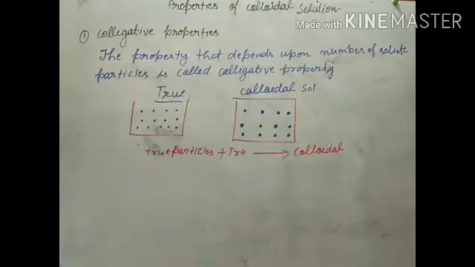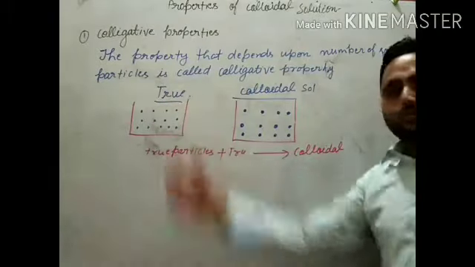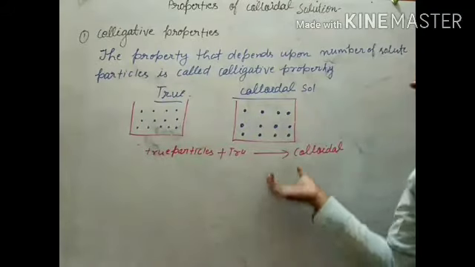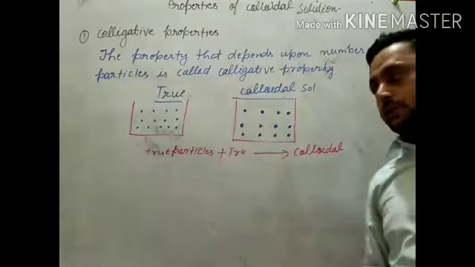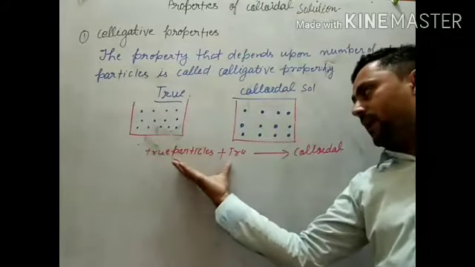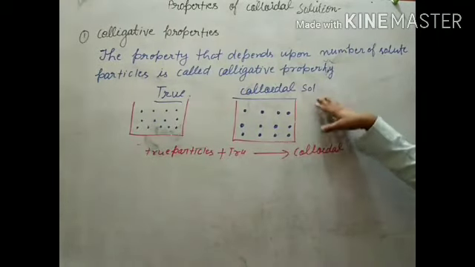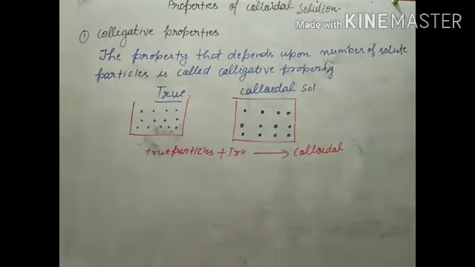So if the same concentration solution is prepared, one true solution and the other colloidal solution, the colligative property of colloidal solution is lower than the true solution, because when true solution particles combine they form colloidal particles. So the number of particles in colloidal solution is lesser than the true solution.